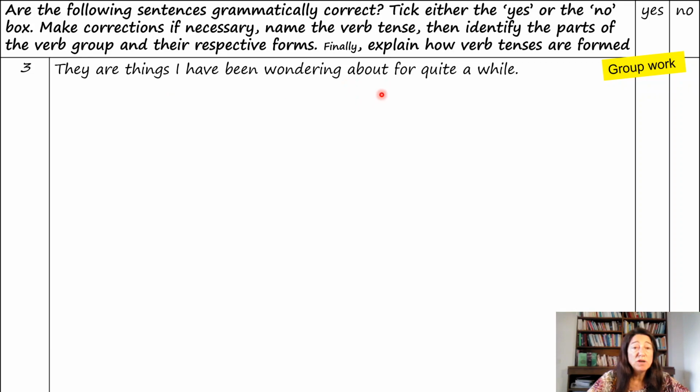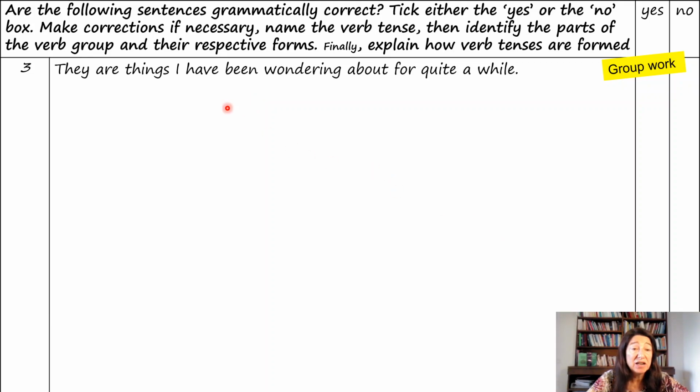Actually, have been wondering, well, about is the preposition. And then there's be here, but it's fine, it's just the present tense. We haven't seen the symbol for the present tense yet, so maybe you could find it before we say it. And is this verb form here, have been wondering, correct or not?